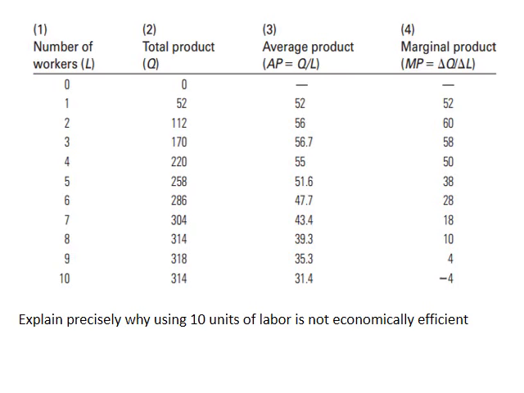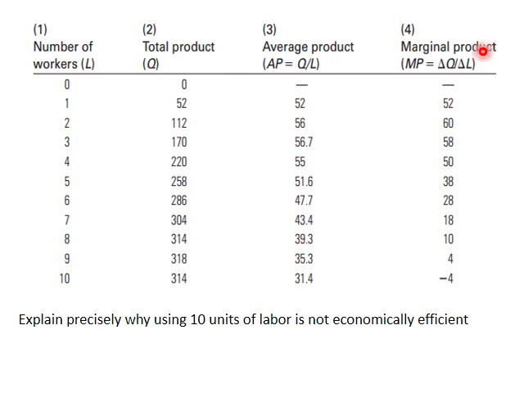And this is an example. Let us see it. This is the input, the number of labor or number of workers, and this is the total product, this one is the average product, and this one is the marginal product. As we add more and more workers, the total product increases, and here it starts to decrease. The average product is increasing, and after this it starts to decrease.